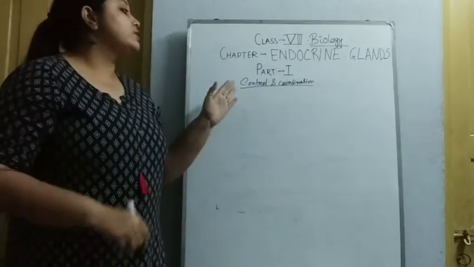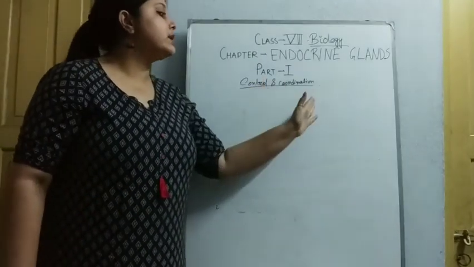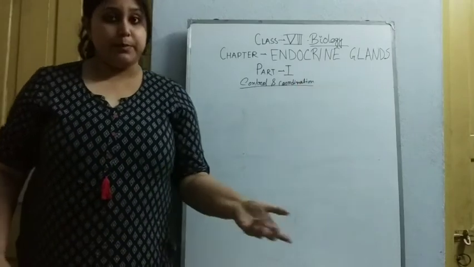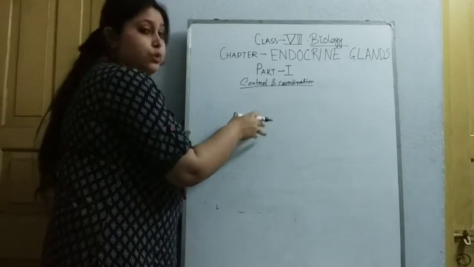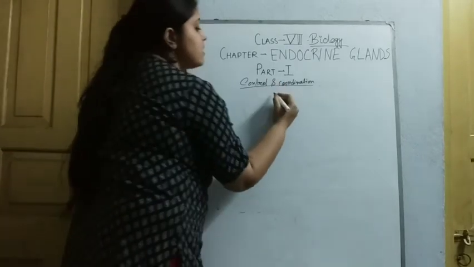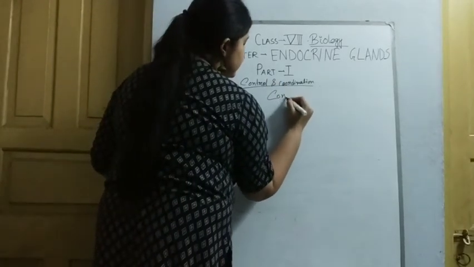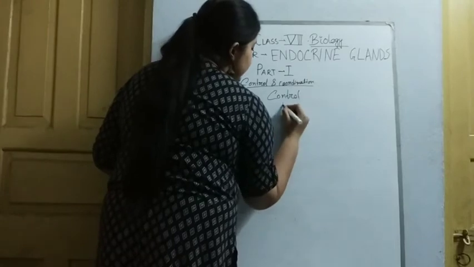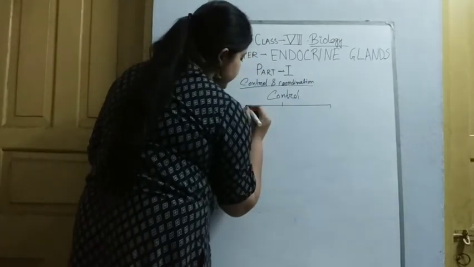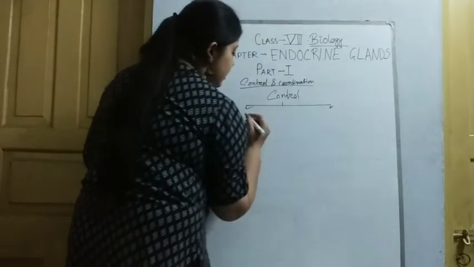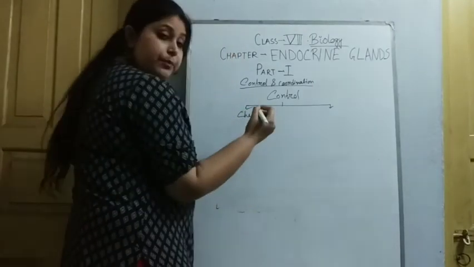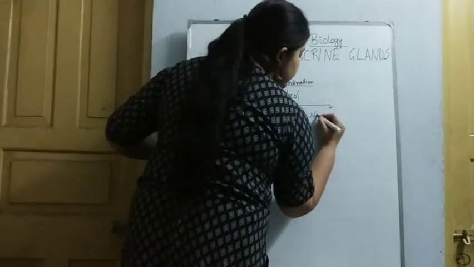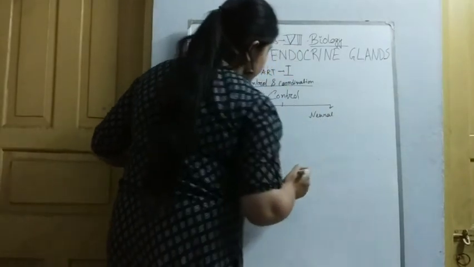So they have to control and coordinate the body systems. Control can be divided into two manners: the first one is chemical control and the second one is neural control.